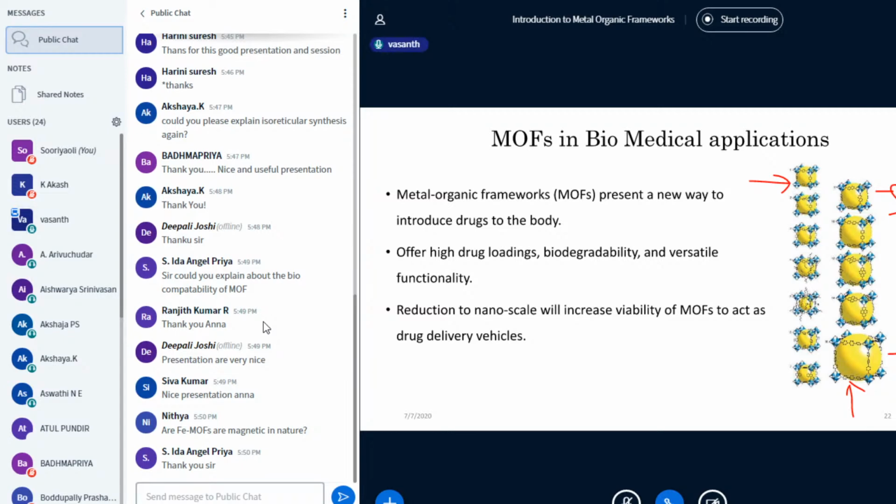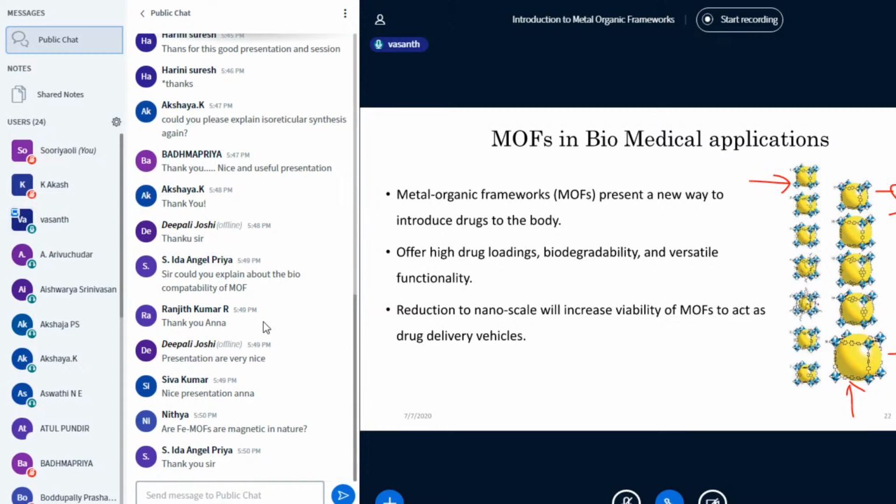Are Fe MOFs magnetic in nature? Here I wanted to say not all ions are magnetic in nature, and very few magnetic MOFs are available. The Fe MOF I presented is not magnetic in nature, meaning it is not attracted by a magnet at room temperature.